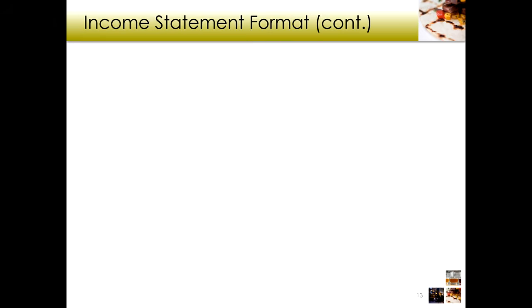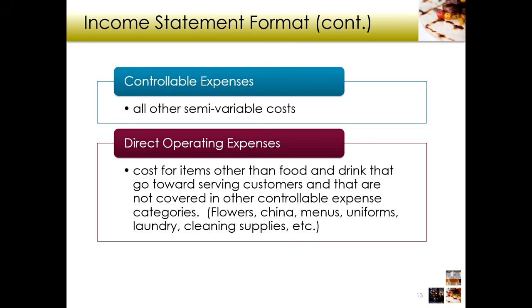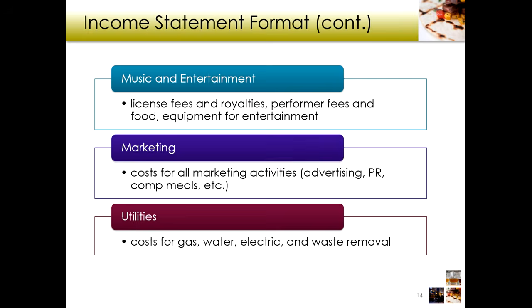Okay, the next section of our income statement, we're going to have controllable expenses, which are usually all other semi-variable costs. What could that be? Paper plates, things like that, right? We're going to have direct operating costs, which could be flowers, china, menus, uniforms, cleaning supplies, etc. And then we're going to have music and entertainment, whether that's live music or a subscription service that you subscribe to.